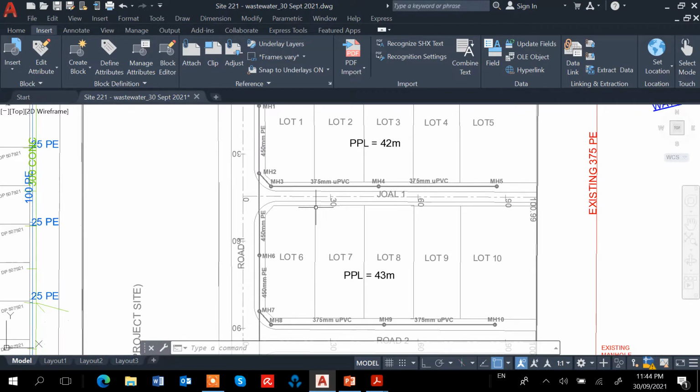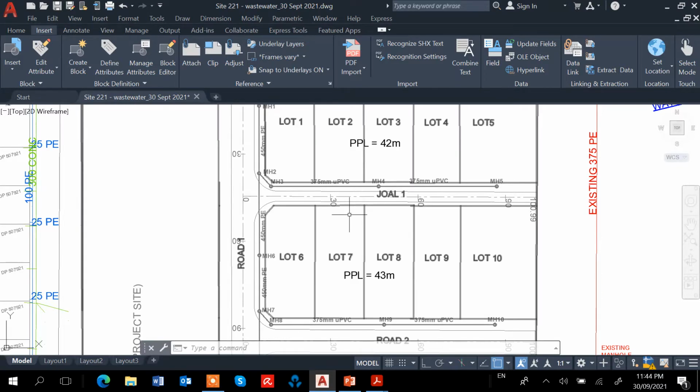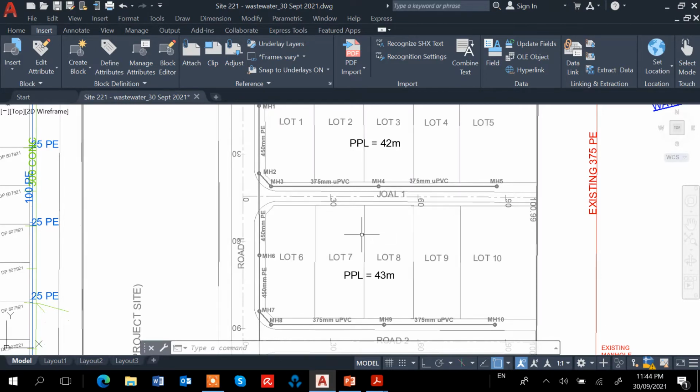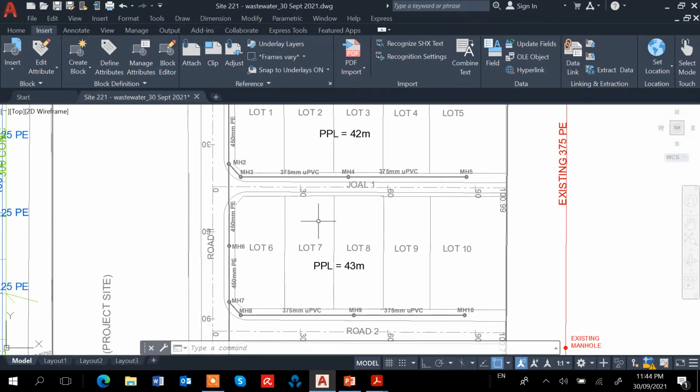We will try not to overlap with the stormwater pipes, and also not to be too close to the water supply pipes as well. So we could do this layout plan.